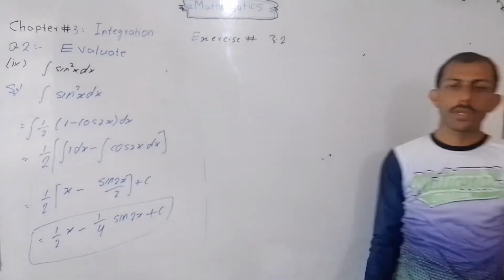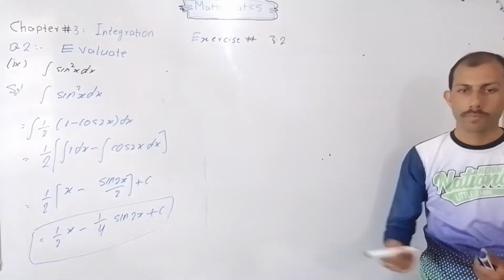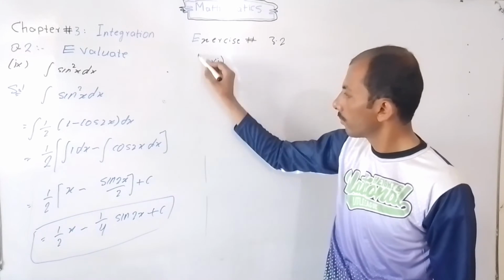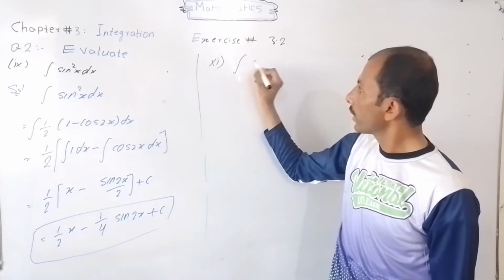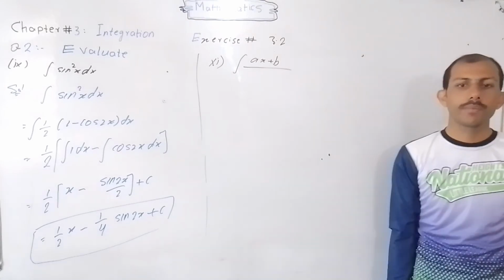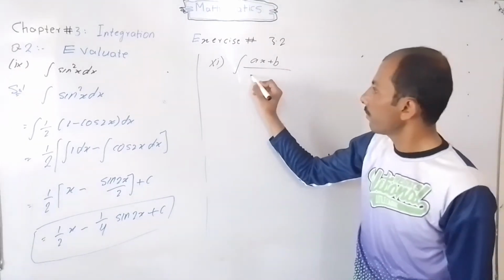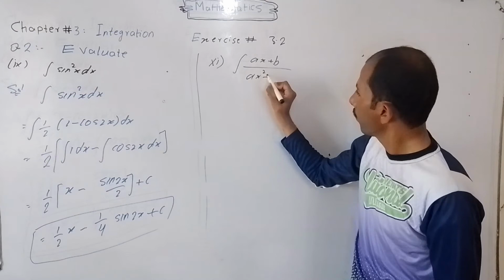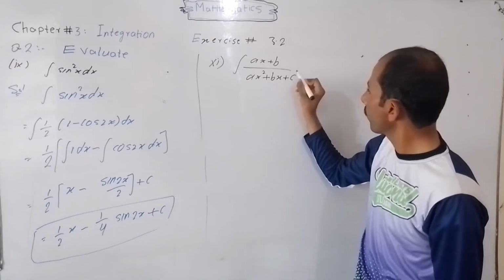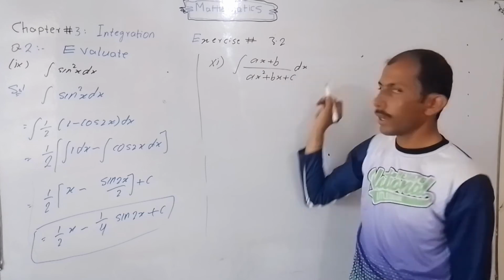Next, part number 11, that is integral ax plus b divided by ax square plus bx plus c into dx.